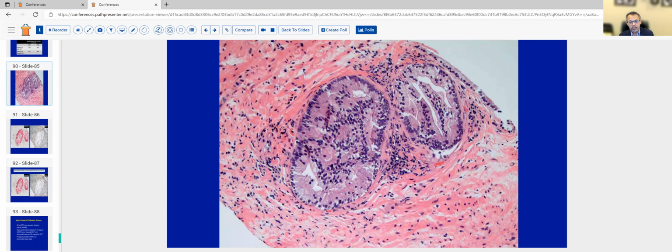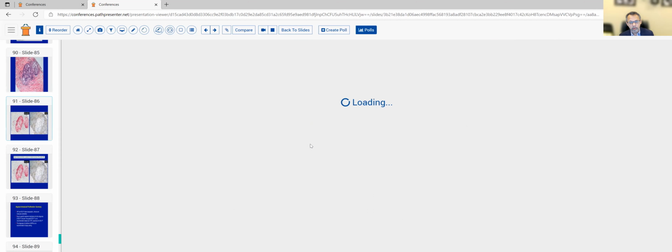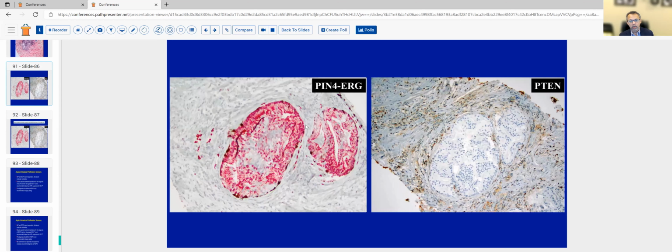So here is another example of atypical intraductal proliferation. You can see amphophilic cytoplasm, loose cribriform proliferation. You can also see presence of basal cells. So you may get tempted to call it cribriform high-grade PIN, but when I utilized PTEN and ERG immunohistochemical stains, this gland showed ERG overexpression and classic PTEN loss.